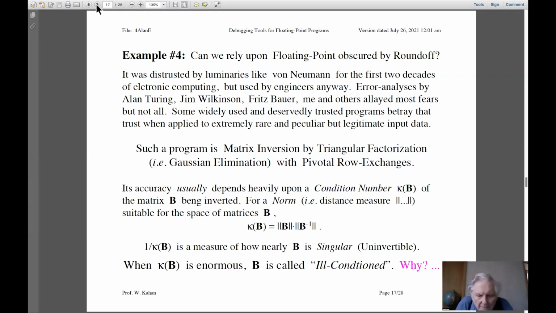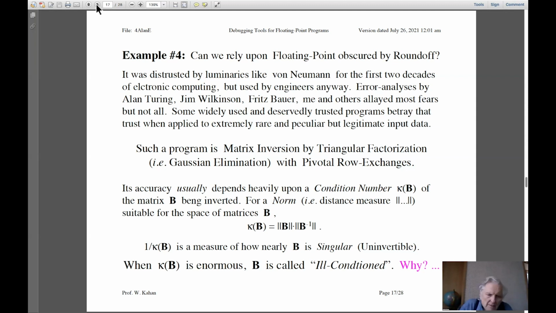Now, there were figures in the past, like Neumann, who really thought that computing with round off is just too hazardous.